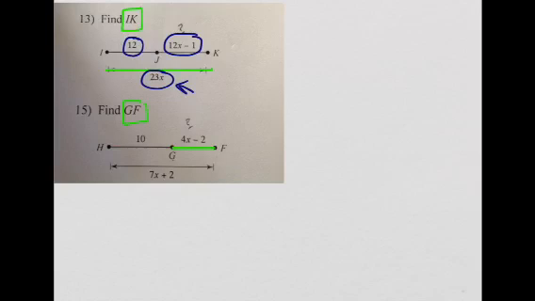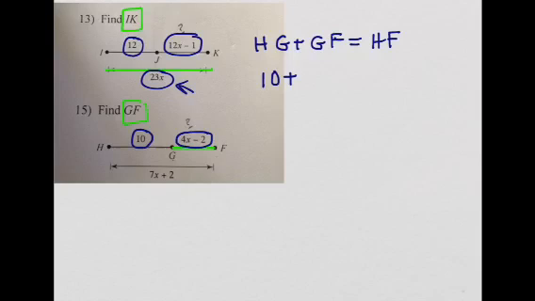Okay, so we're going to write HG plus GF equals HF. Okay, so HG is 10, GF is 4x minus 2, and HF is 7x plus 2.